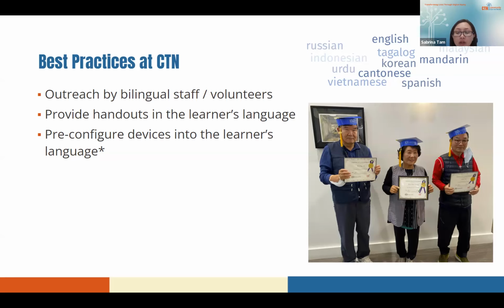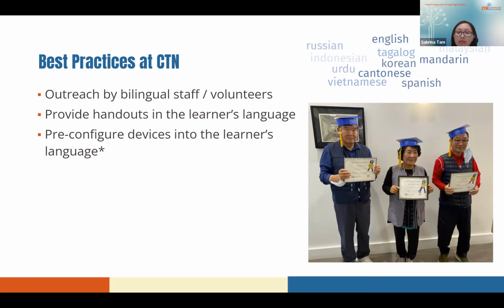And also some learners may actually prefer a device to display in English, even though their English is not very good, but they want to be able to type in their own language. Just like my mom, her tablet is in English, but she wants to be able to type in her own language, Chinese.